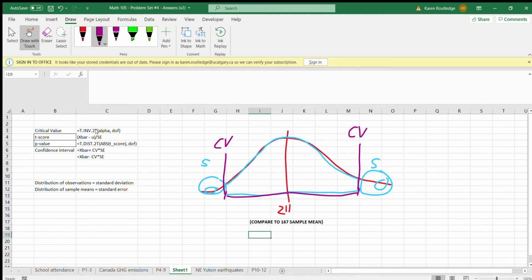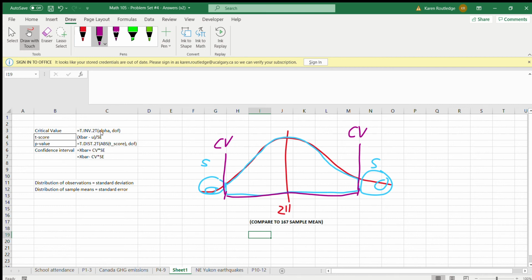Here's the Excel function for it. So in question 7, we're talking about a t distribution, so we have the t version of this. We need to give Excel a probability so it can tell us a distance, and that is what the .INV version of the function does. And since it's a two-tailed test, we use the .2T function.